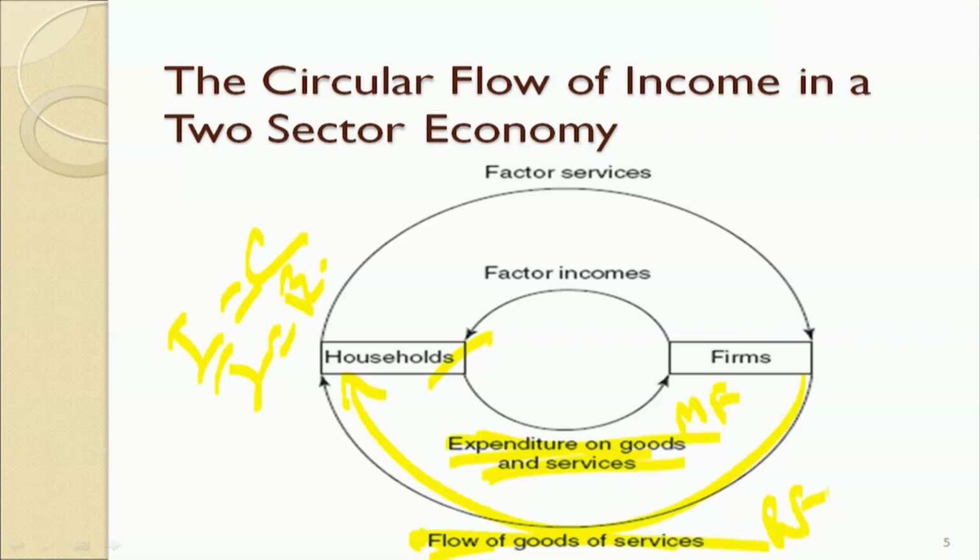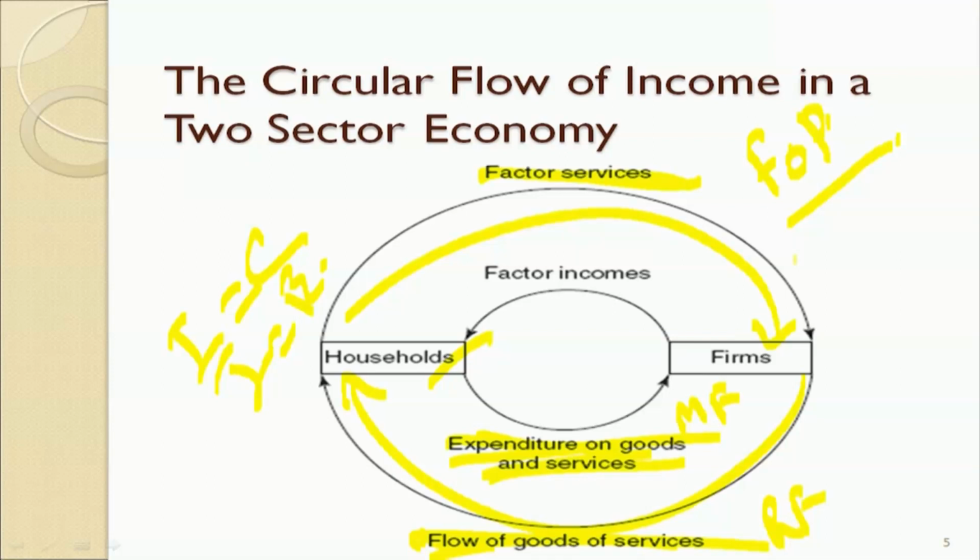The firms are getting factor services from the household. So, the households are providing the factor services to the firms. What are factor services? The factor services are the factors of production. What are the factors of production? Land, labor, capital and entrepreneurial ability.